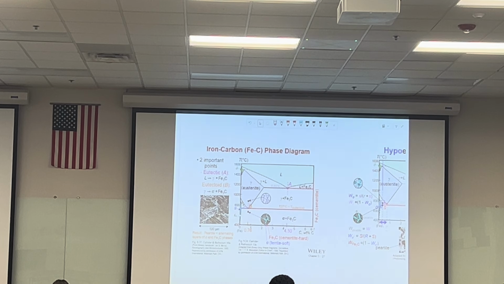We start somewhere hot and cool down to room temperature, so we enter this part of the diagram. And the rest is just the lever rule. For example, let's say we end up at a point here. You just draw the tie line, and based on that, do the calculation.